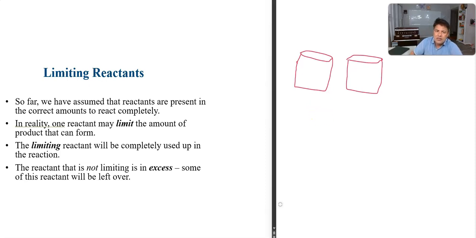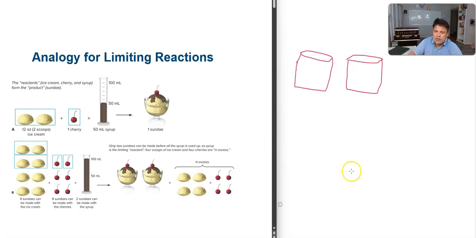So now let's see an analogy for that. You are making some ice cream sundaes. It means you are doing a reaction. So the formula is you add 2 scoops of ice cream, 1 cherry, and 50 ml of syrup, and you get 1 sundae.